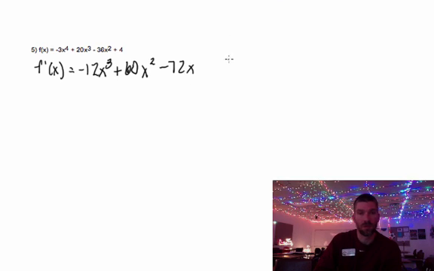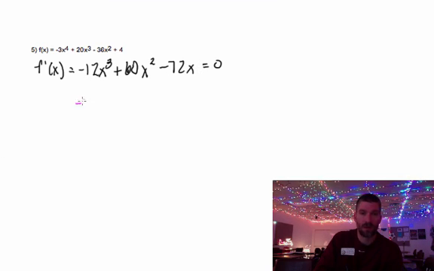So we want to find f prime of x, and that's going to be -12x cubed plus 60x squared minus 72x, and then the 4 is going to be a 0. So when I set this equal to 0, I don't know how to solve it like it's given to me, but I do recognize that I have a factor of negative 12x in each piece.